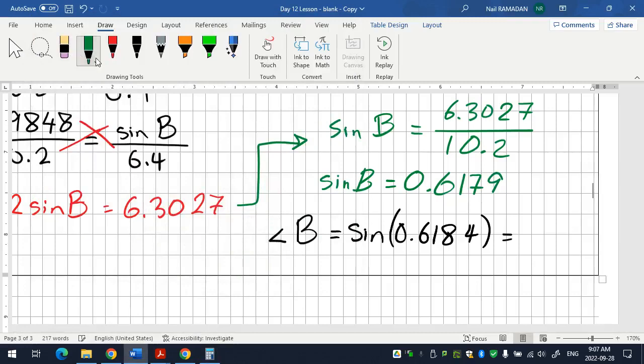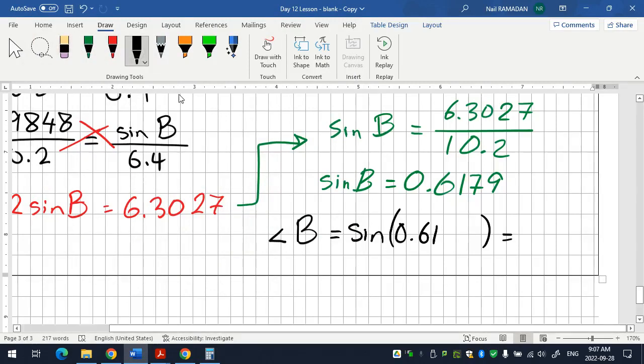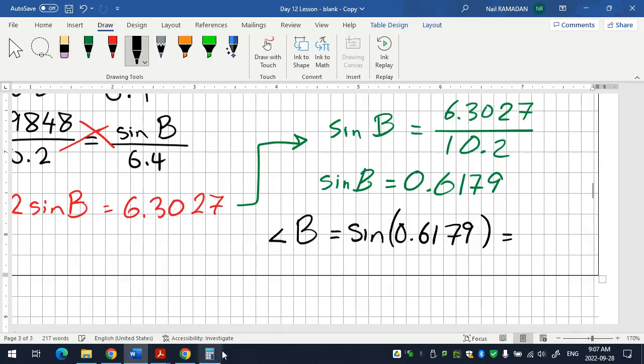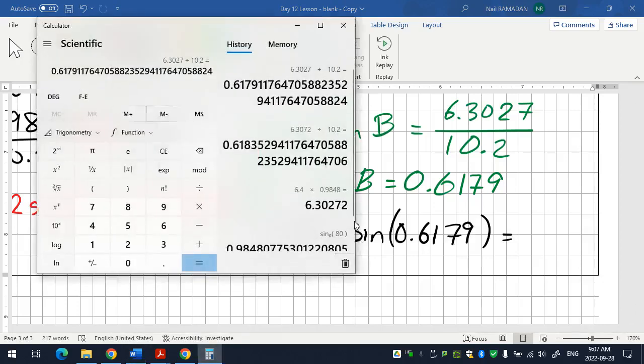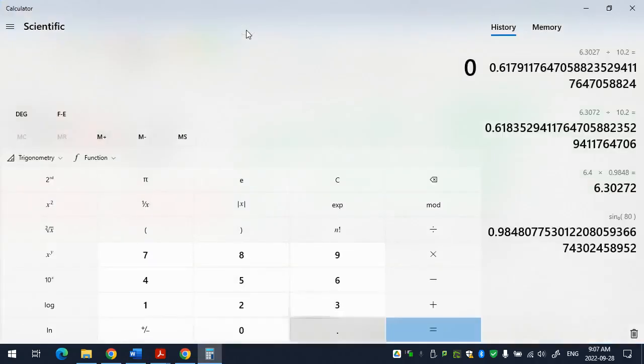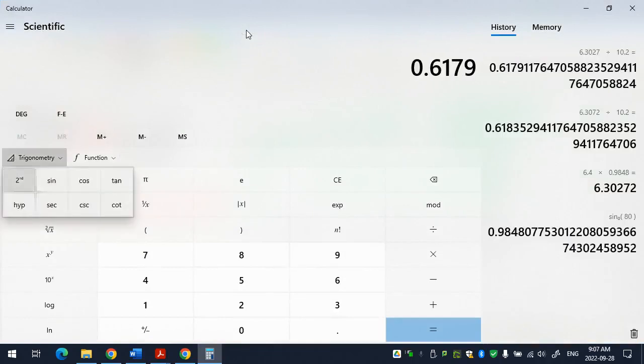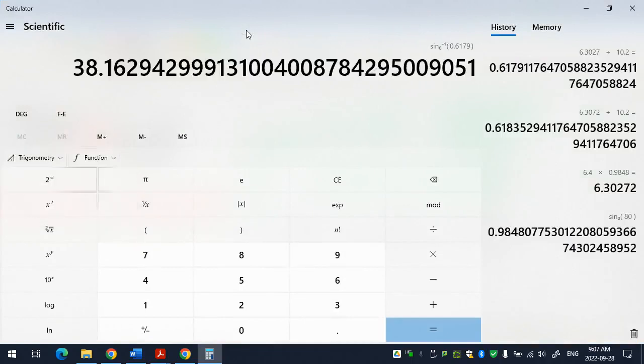So we clear. I say 0.6179. They do what? Second sine. Is this closer to 38 or 39? Yeah, I mean, it did not cross the half, so it's still closer to the lower end, which is 38. So it's 38 degrees.